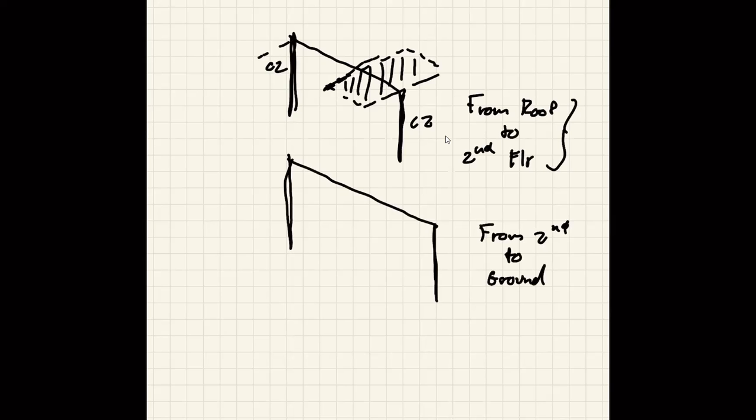So this column will carry the load from C2 up top and the second floor. Okay, and here you have C1 and C3, depending on which zone you are at.